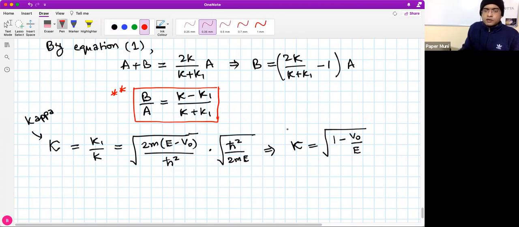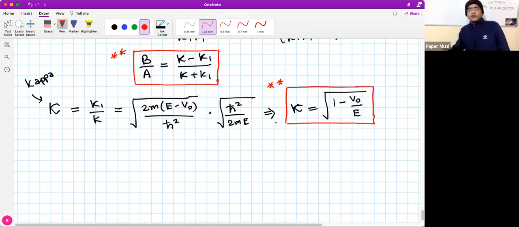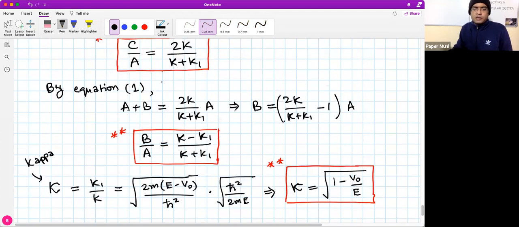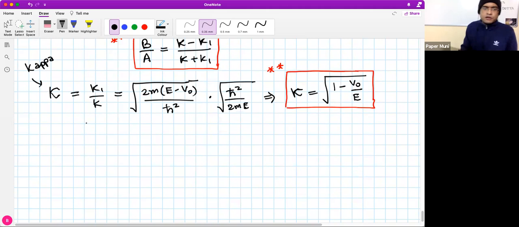Now you have to also remember this quantity, how we are defining kappa. We'll see why we are defining it. It reduces these two relationships, this c by a and b by a, into a form which we already know from something else. You'll see that coming through.